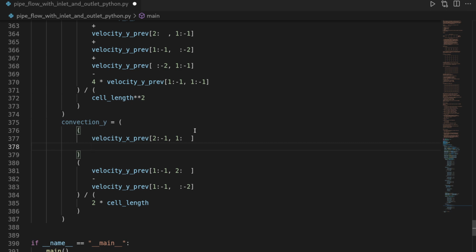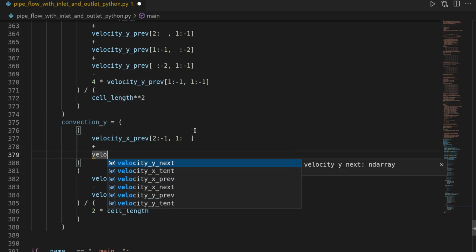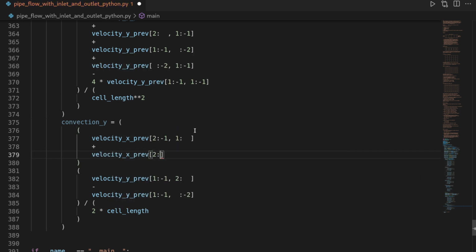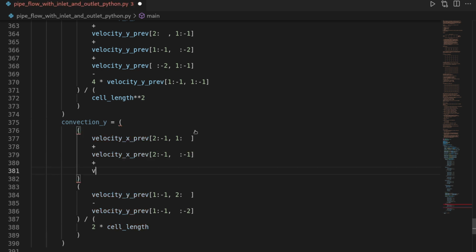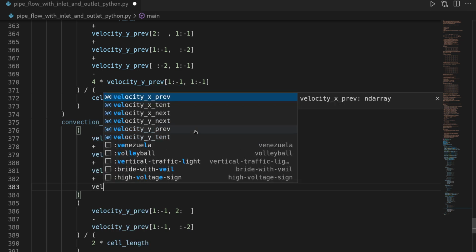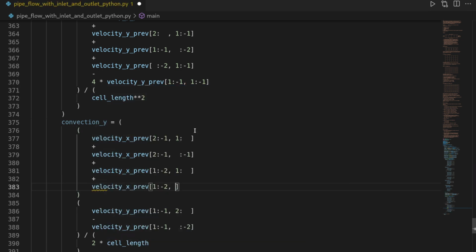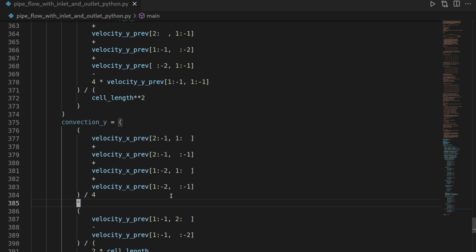Plus velocity x previous, and then again in y direction we are above our velocity, and then here we have all the way to the last element, excluding the last element, and then plus velocity x previous, and then 1 to minus 2, and then 1 all the way to the end, plus velocity x previous, 1 to minus 2, and then this construction here. And finally, we have to divide it by 4 and multiply with that value.